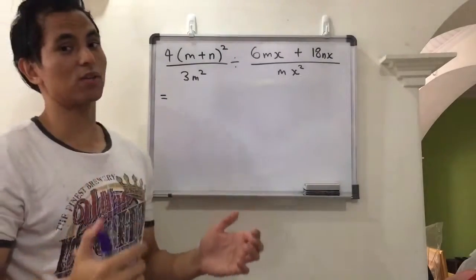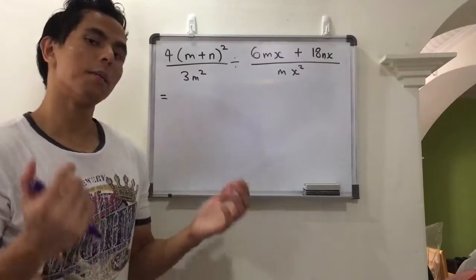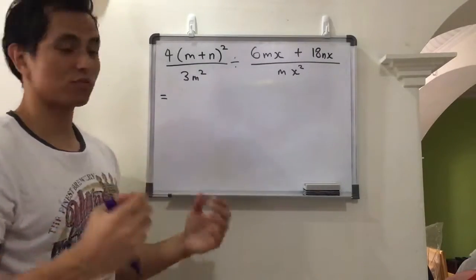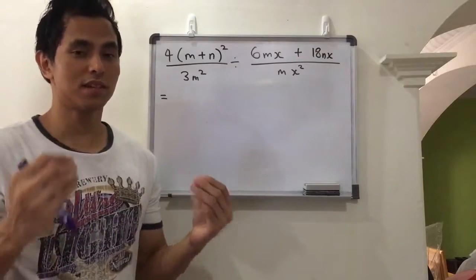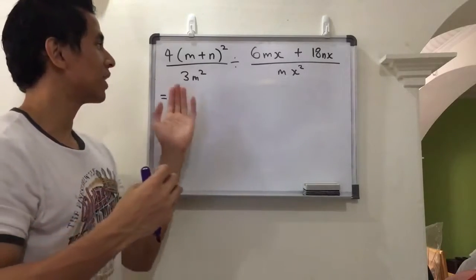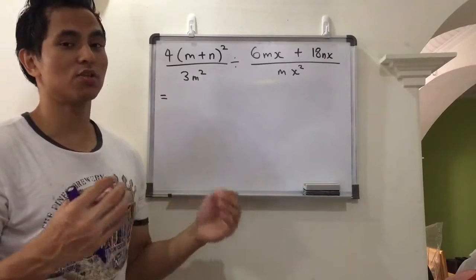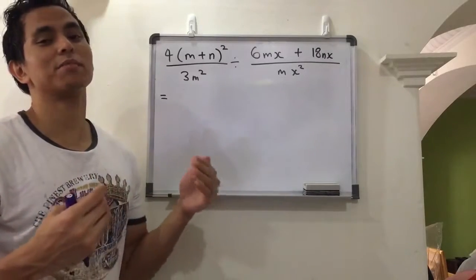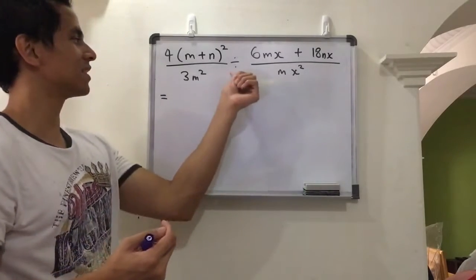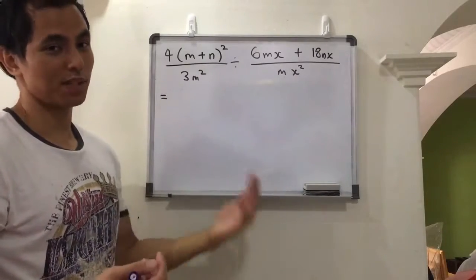So yes, this may look complicated to some of you, but always recall the basics. So I'd say that the first step when you encounter algebraic division is to always make it algebraic multiplication. So we're going to flip this divide sign to multiply.